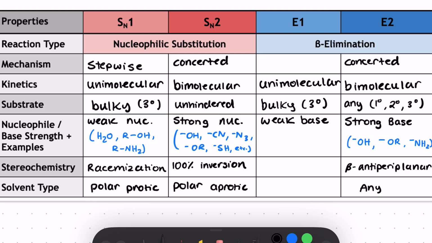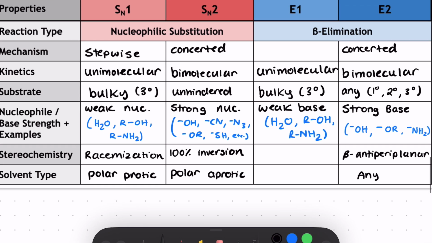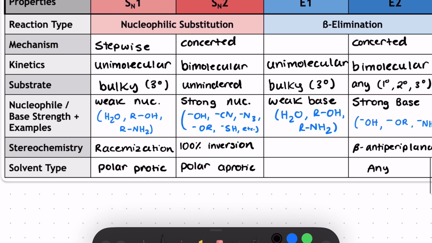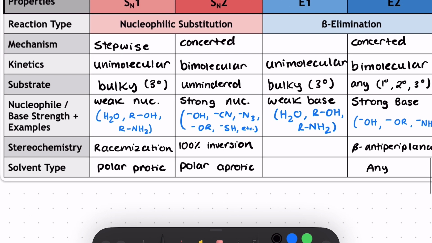Weak bases are very similar to the nucleophiles: we have water, most alcohols, ammonia derivatives like NH3, and so forth. Stereochemistry is interesting.